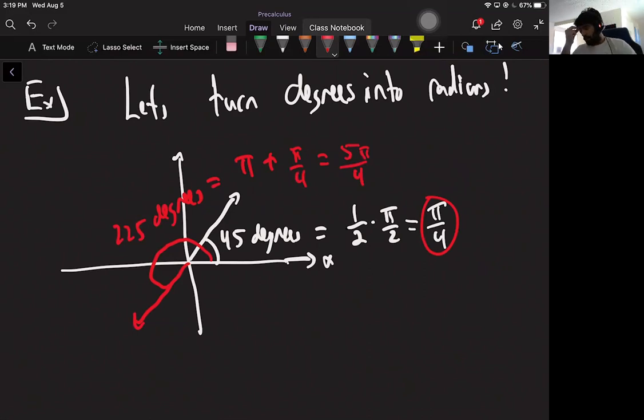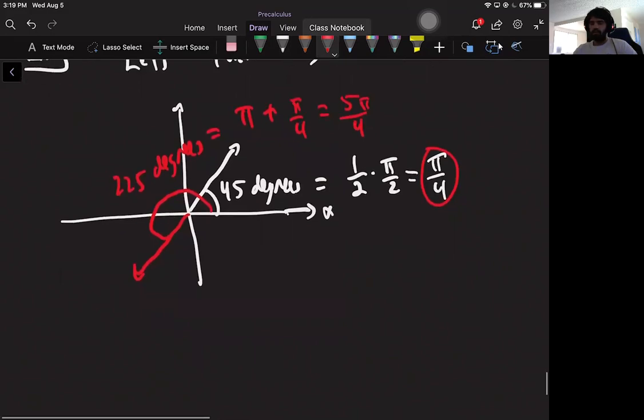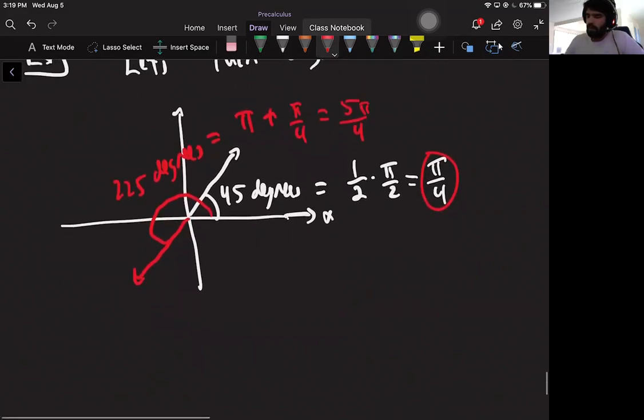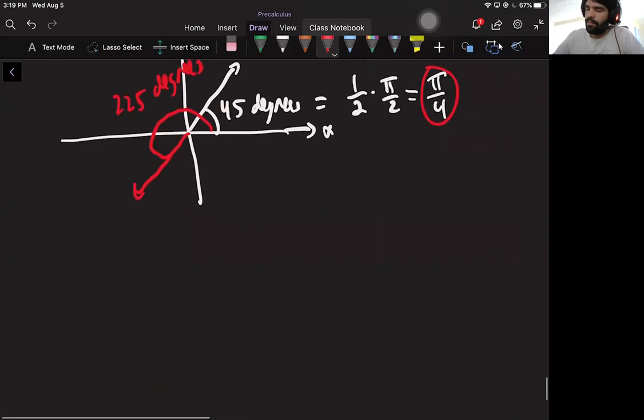So there is a little formula to translate from degrees to radians faster, but it is also good to think about it in terms of pictures like this. But I guess we might as well see that shortcut.